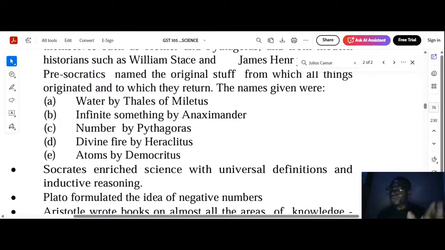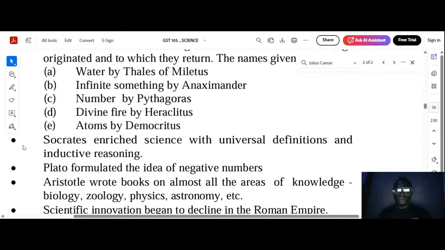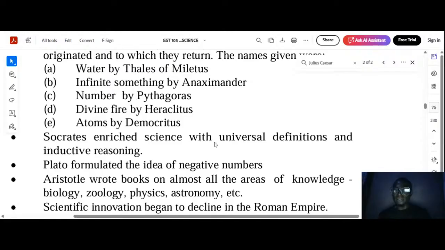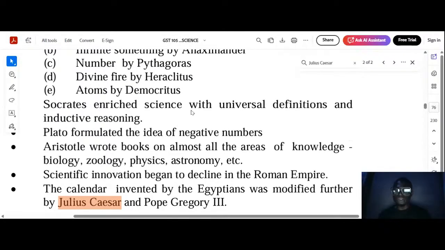All these are pre-Socratics, people that came before Socrates, the philosopher. Now, Socrates enriched science with universal definitions and inductive reasoning. That means a kind of definition that everybody can now agree to.